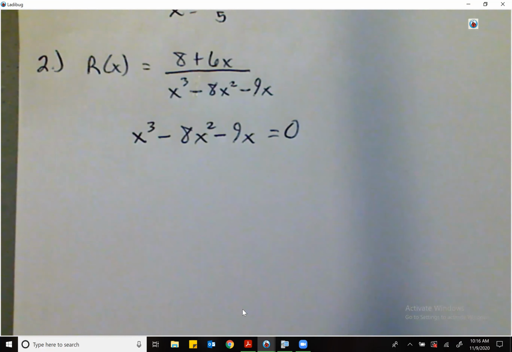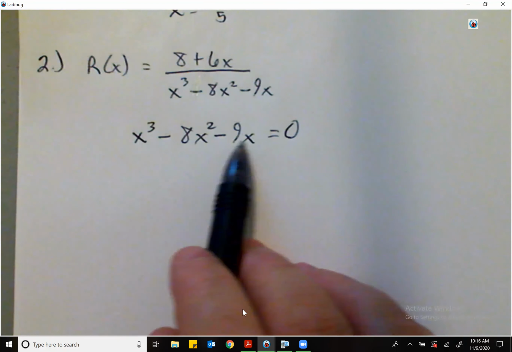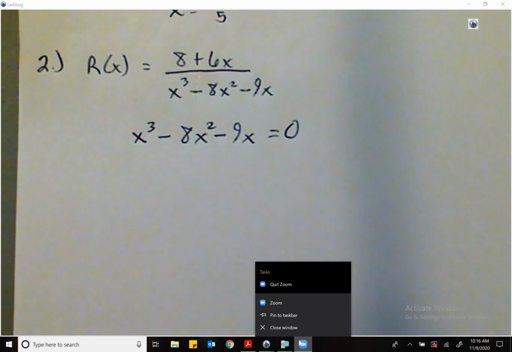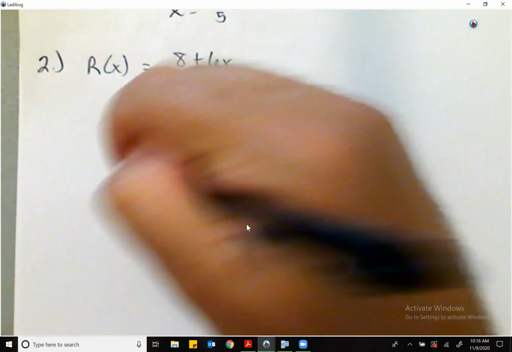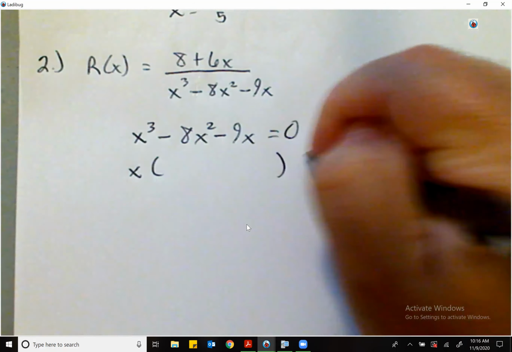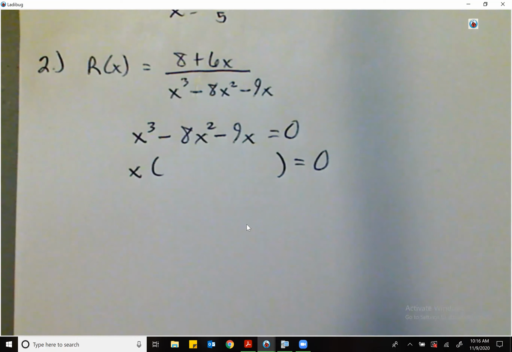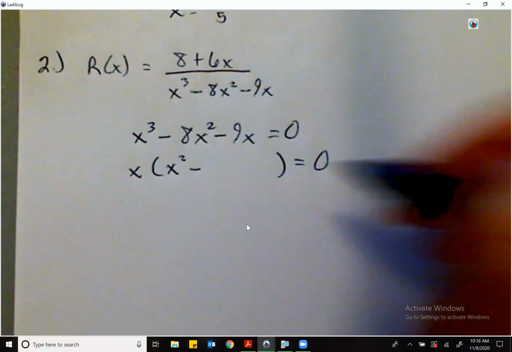What's common to the 3 terms? An x. Good. So if we pull that x out, what are we left with inside? x squared minus 8x minus 9.